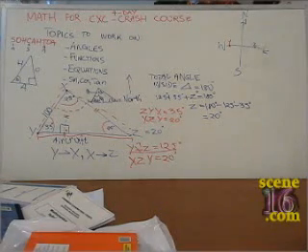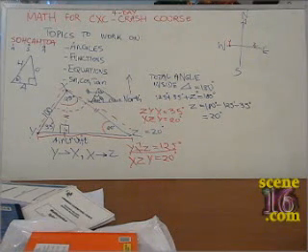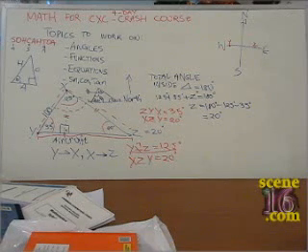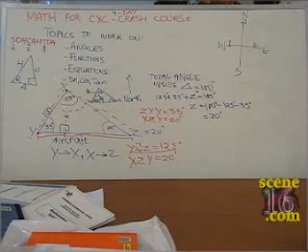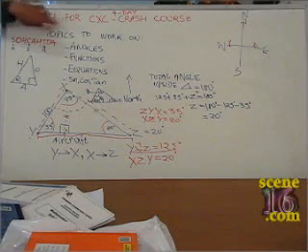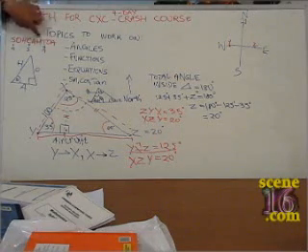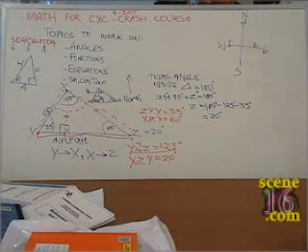Well, we know that tangent is opposite over adjacent. We repeat that 100 times every day if we need to remember. We have SOHCAHTOA: tan is opposite over adjacent, cosine is adjacent over hypotenuse, sine is opposite over hypotenuse.